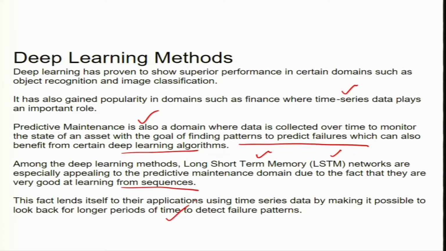So, this fact lends itself to their application using time series data by making it possible to look back for a longer period of time to detect the failures. Therefore, LSTM allows you to monitor over a longer period of time to detect the failure patterns, and therefore, detect the anomalies over the period of observations.